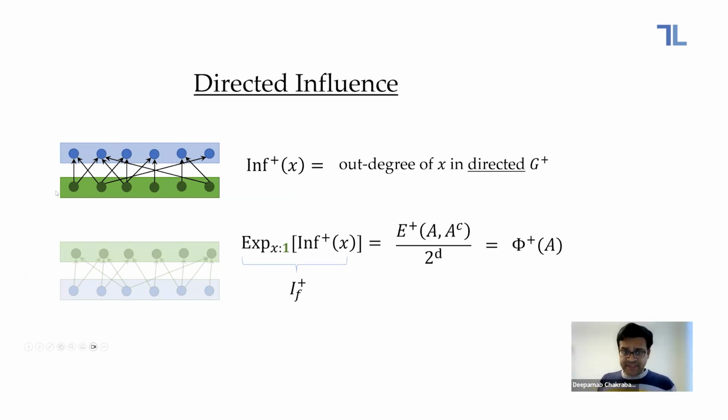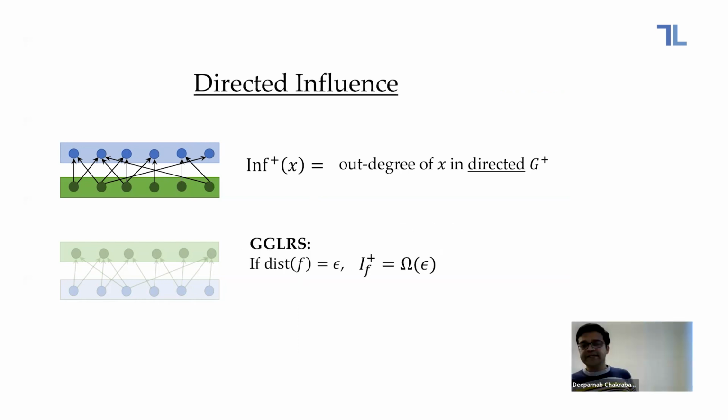And now it is precisely the number of violated edges, the edges that go from green to blue, divided by 2 to the d. And that's precisely the phi plus of A that we had. And so GGLRS can be thought of as, if distance to monotonicity is large, is a constant, then this directed average sensitivity is also a constant. So this is just a recasting of all these things.